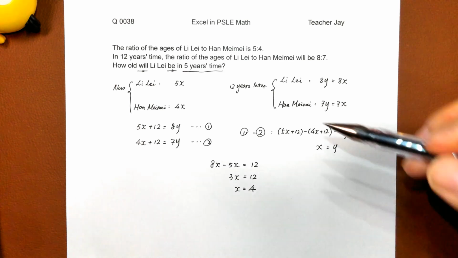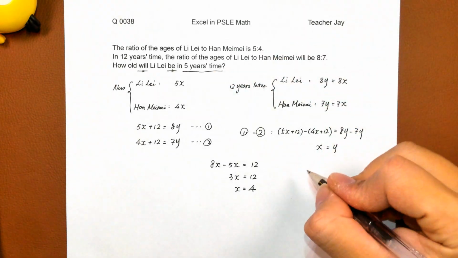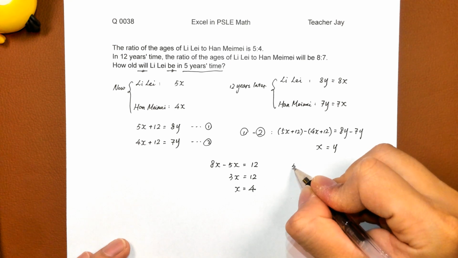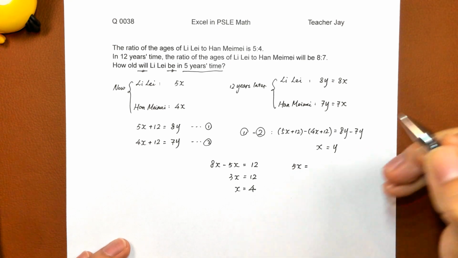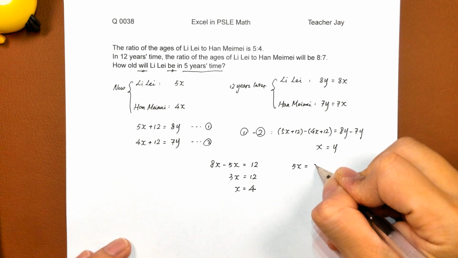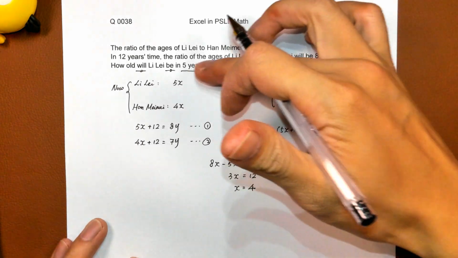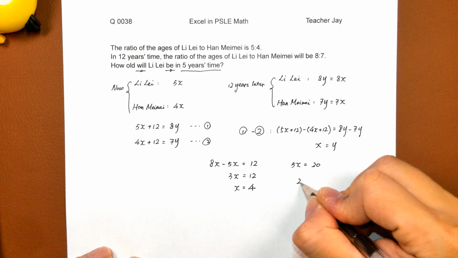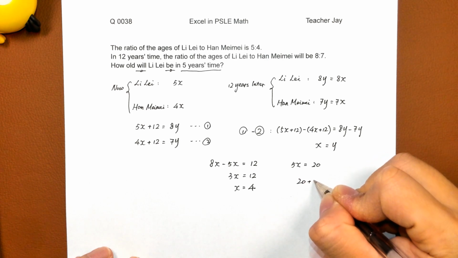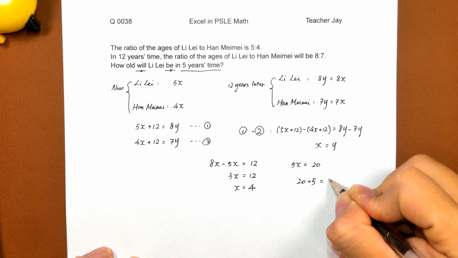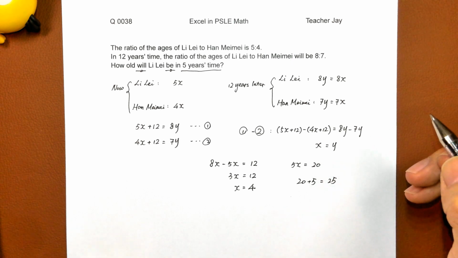And how old is Li Lei now? 5x. Li Lei's current age is 20. And in 5 years' time, 20 plus 5 is 25.